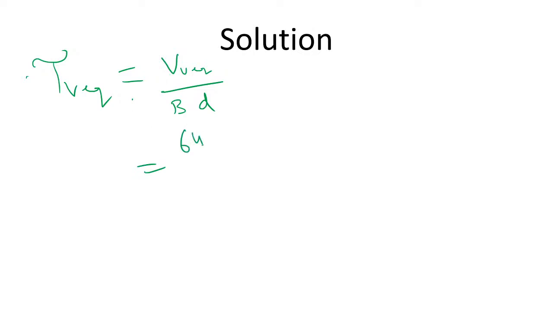So tau V equivalent is equal to simply VU equivalent upon B into D. VU equivalent is 642.85 into 10 to the power 3 Newton.